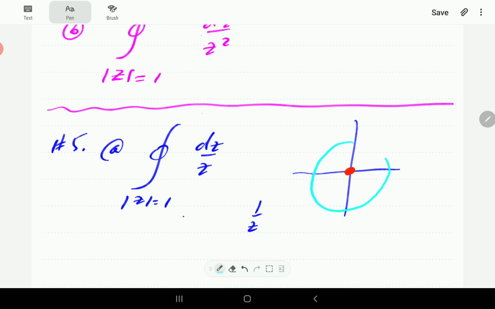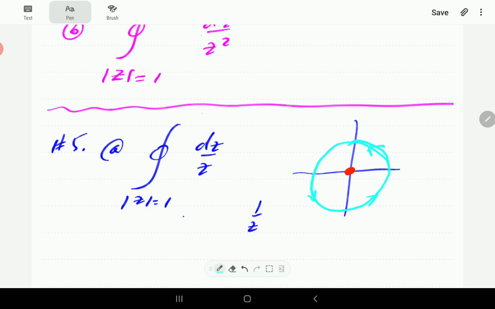Now, Cauchy's integral theorem says if there are no singularities anywhere inside and along the contour, and the contour is simple closed, then the integral is going to be 0.